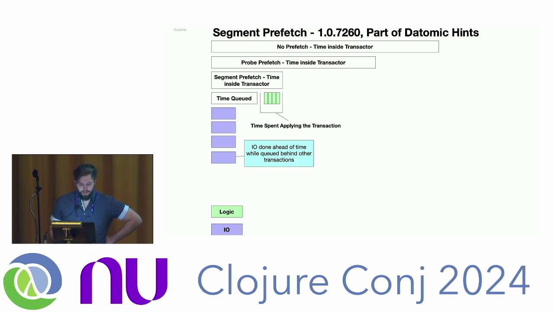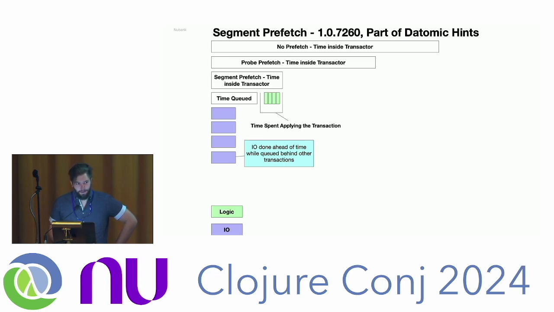An interesting consequence of this that I don't quite understand yet is that as the utilization increases, we end up getting more time waiting in the queue, which then gives us more time to prefetch the I/O, which then reduces the utilization.